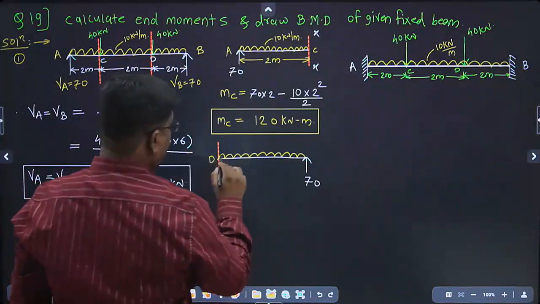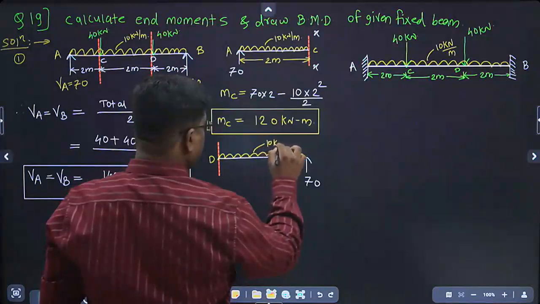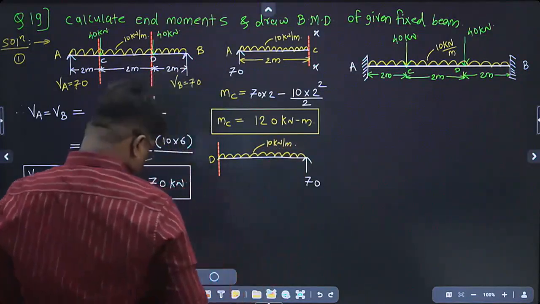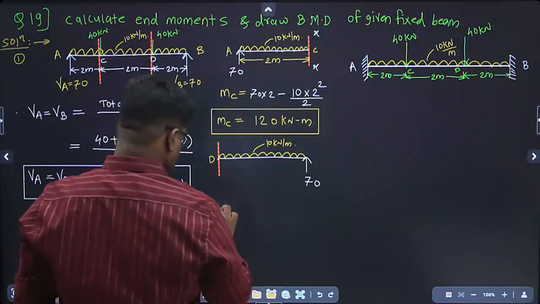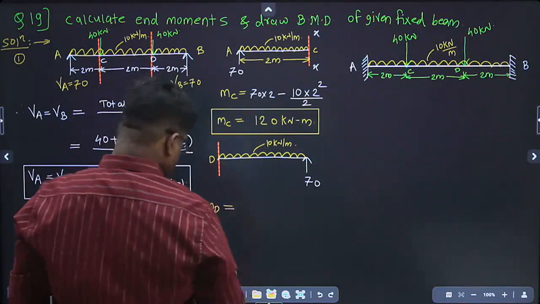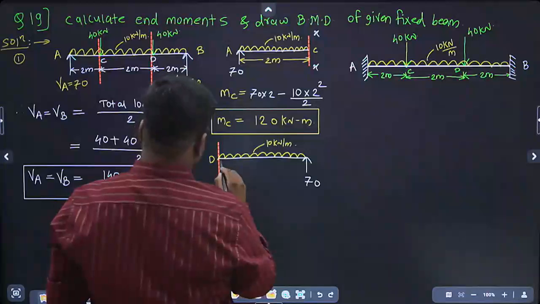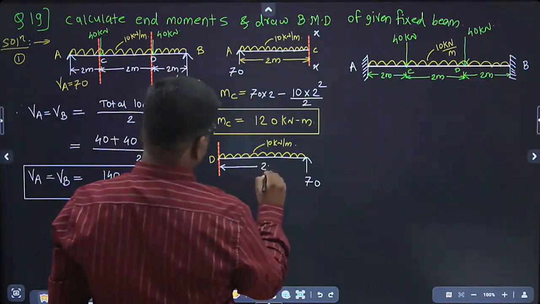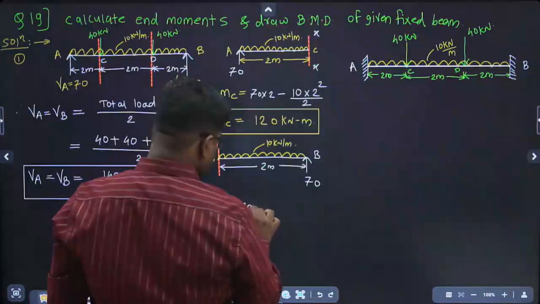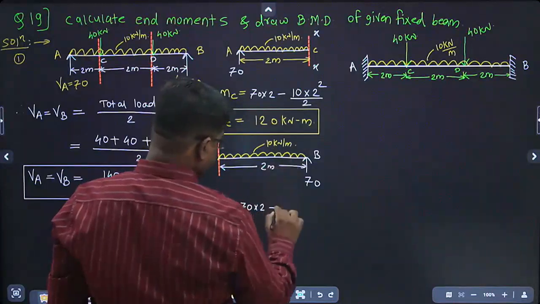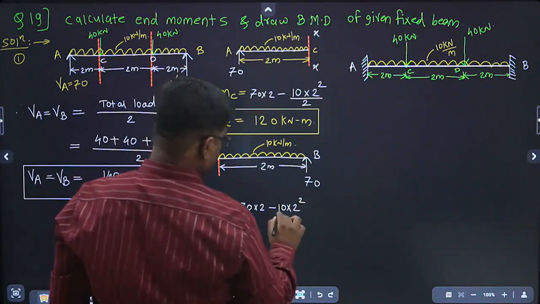So free bending moment at D, this is the 10 kilonewton per meter. Free bending moment at D is equal to 70 into this distance, which is 2 meter. This is B. So 70 into 2 minus 10 into 2 square divided by 2.